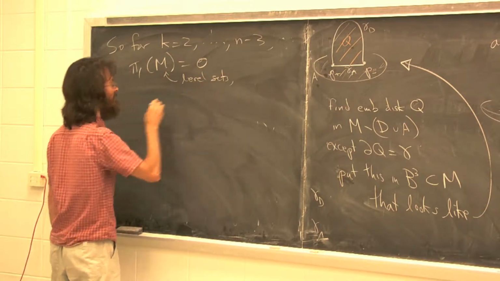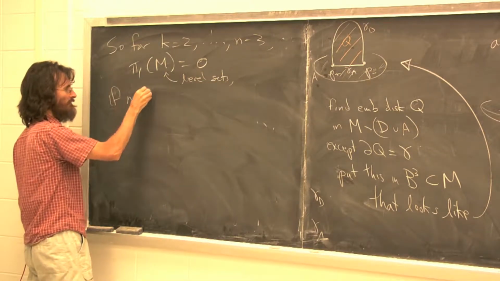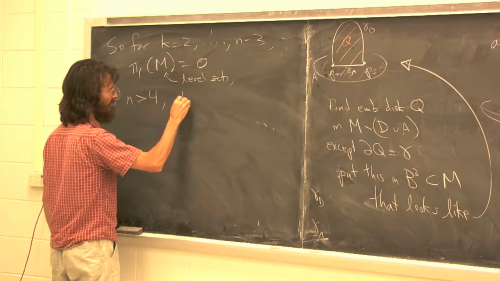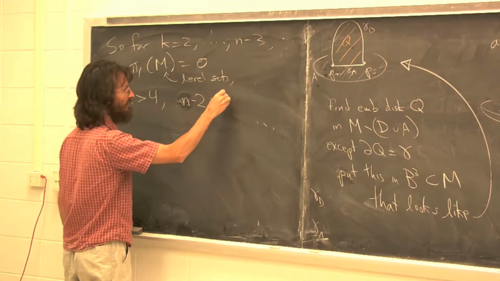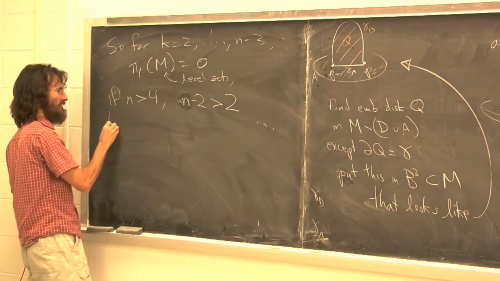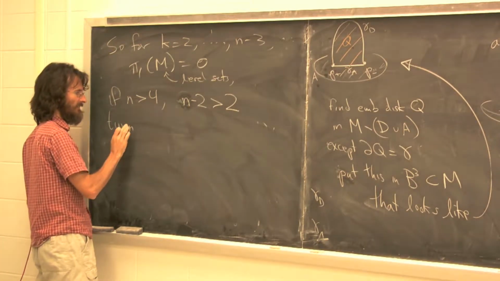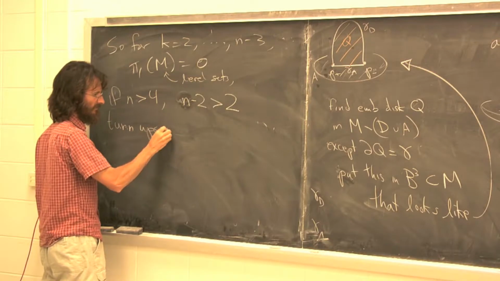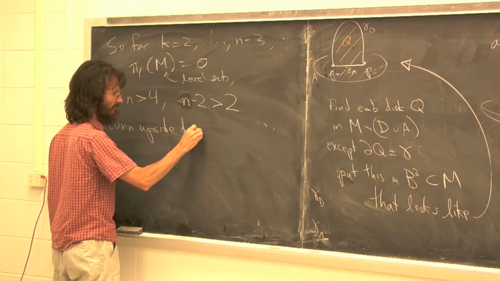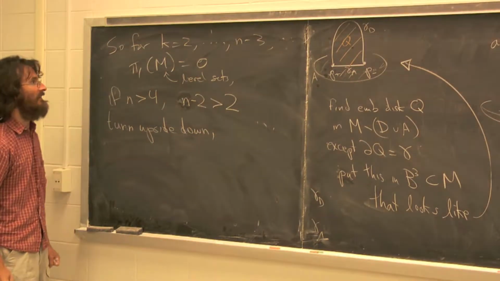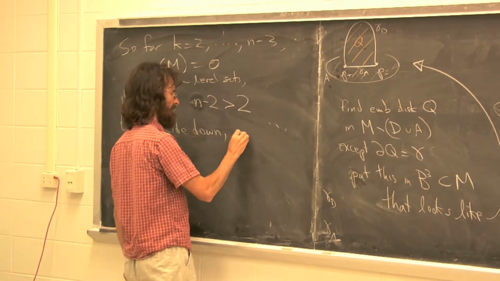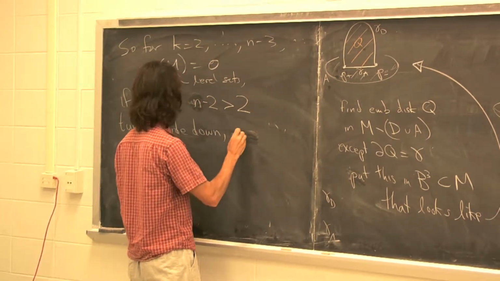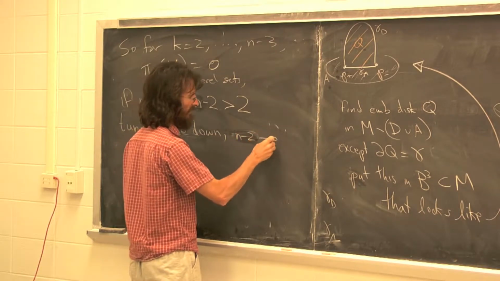And then if n is bigger than 4, so that k equals n minus 2 is greater than 2, then turn upside down, and n minus 2 becomes 2.